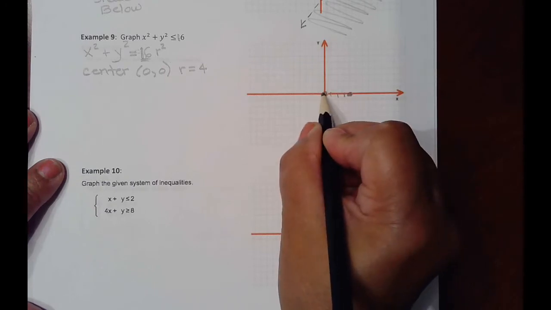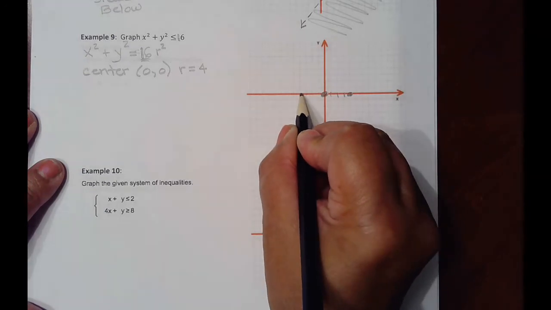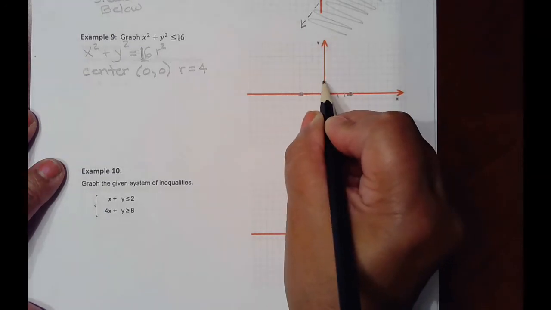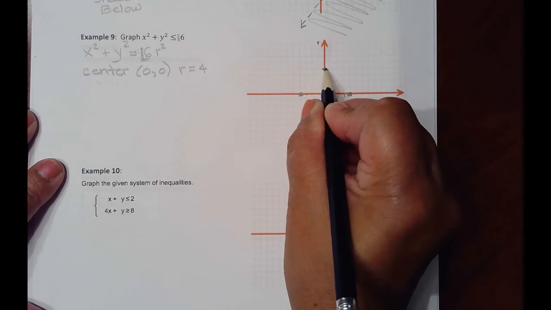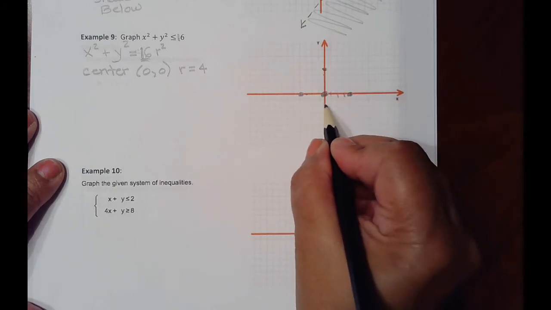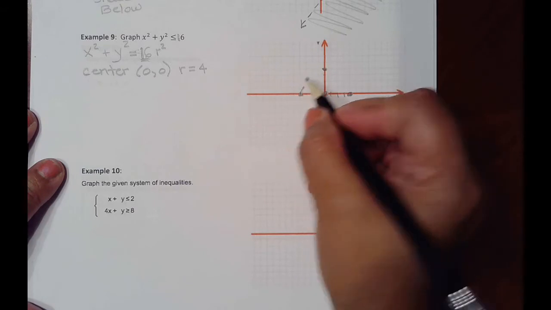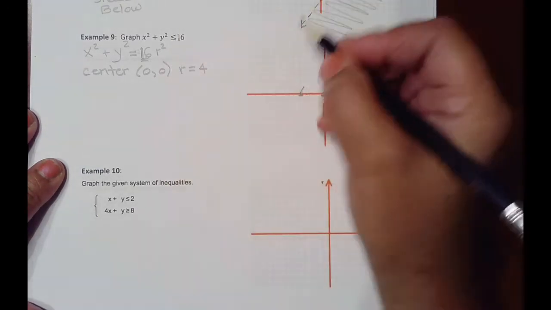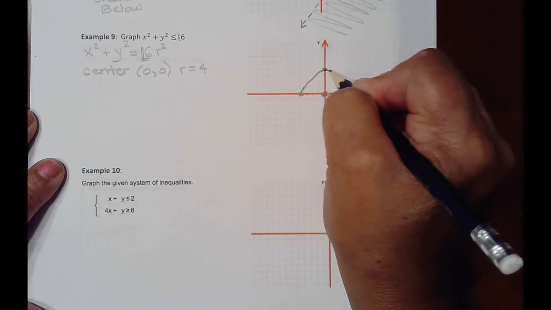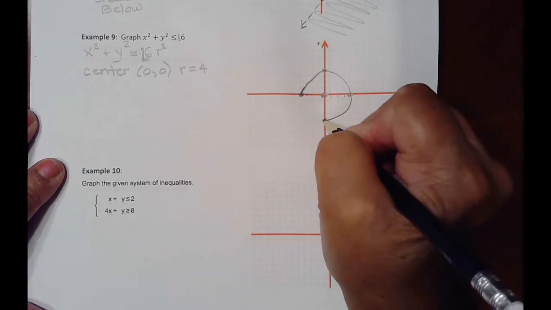Put a point there, and then 1, 2, 3, 4 going the other way, and 4 going up, and 4 going down. Then, this is an equal sign under here, so that boundary line for the circle is solid.